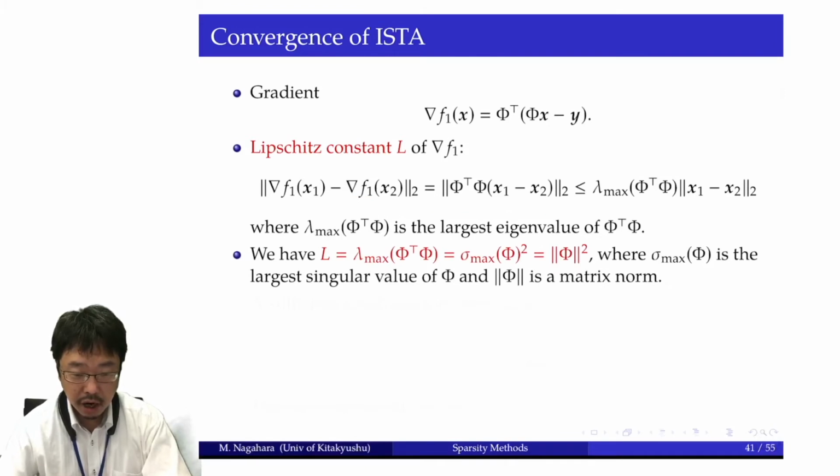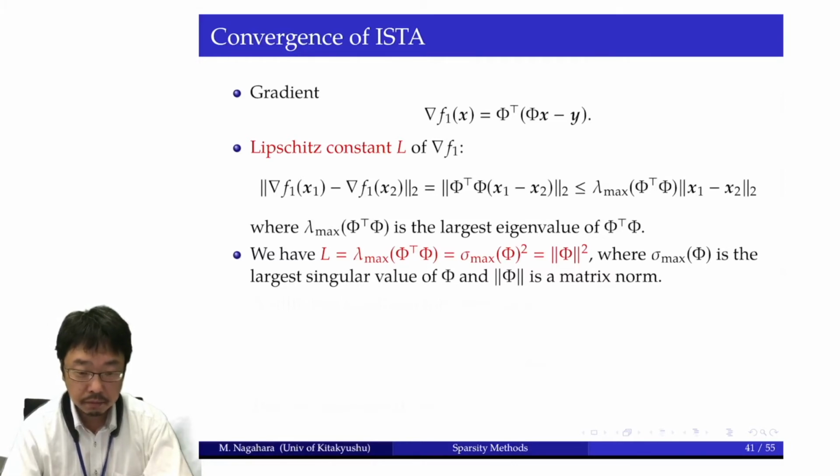Therefore, we have L equal to lambda max of phi transpose phi, which is equal to sigma max of phi squared, equal to the squared norm of matrix phi, where sigma max of phi is the largest singular value of phi, and this is a matrix norm.